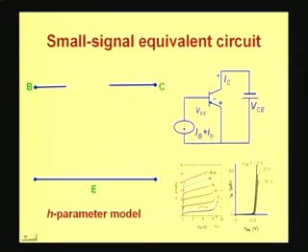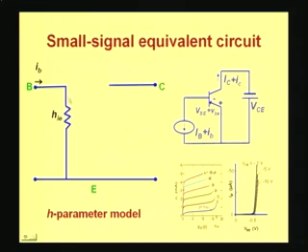As a consequence of this small signal base current, you will have a small signal base emitter voltage and a small signal collector current resulting in the circuit. Now these effects, that is the variation in the base emitter voltage and the variation in the collector current in response to the variation in the base current, can be represented as follows.